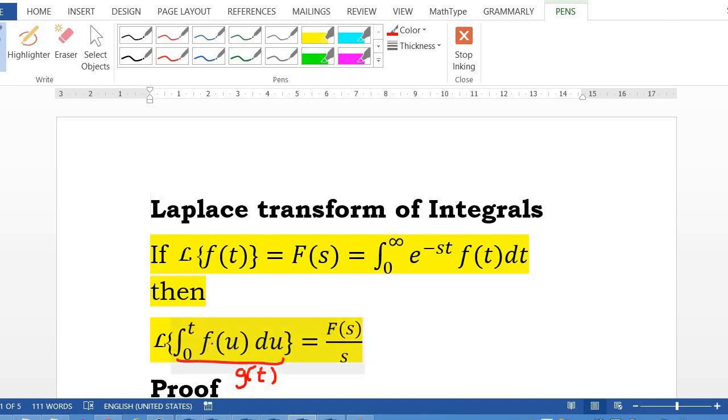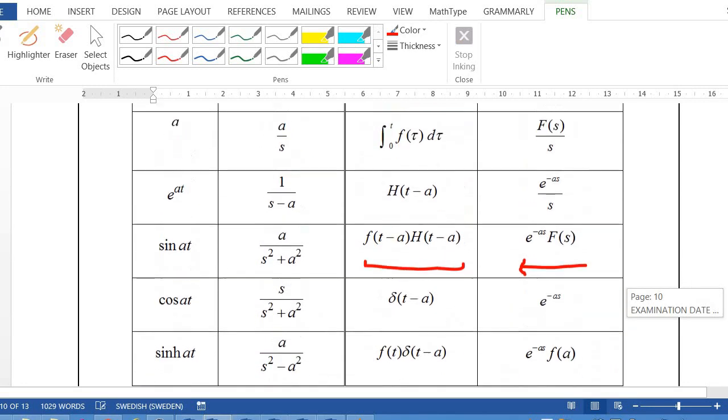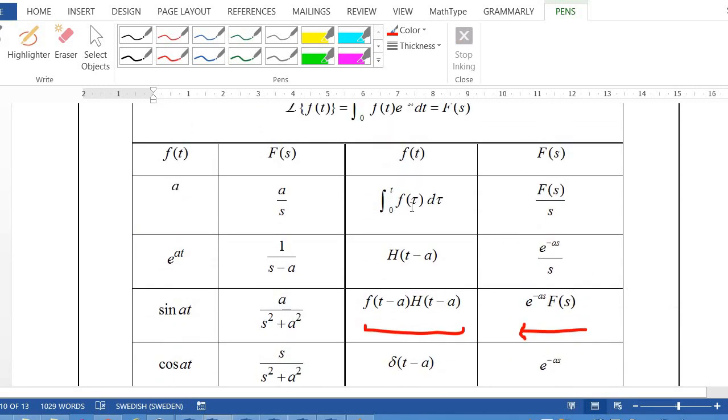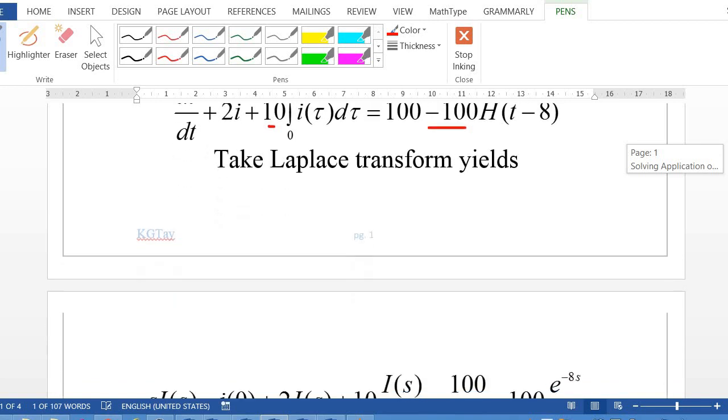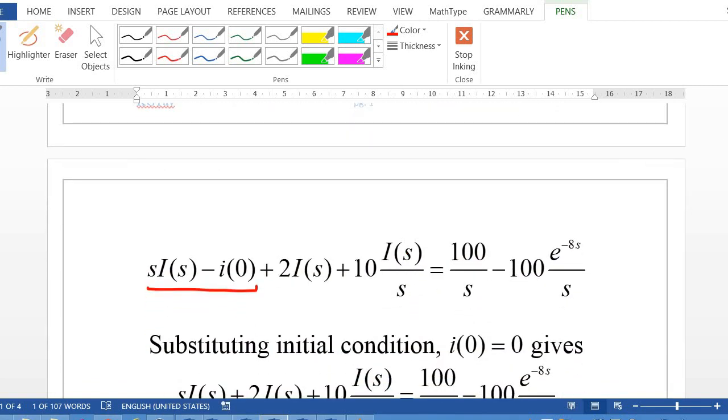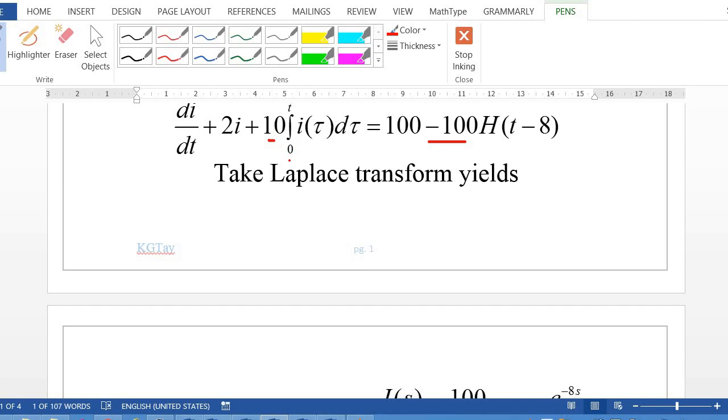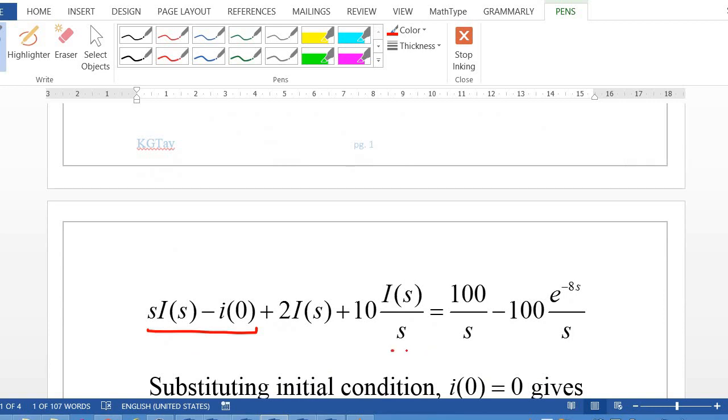Hence, the Laplace transform of the integral of I(tau) d tau from 0 to t gives I(s) over s. Can you see that? So the Laplace transform of the integral of I(tau) d tau gives I(s) over s here.